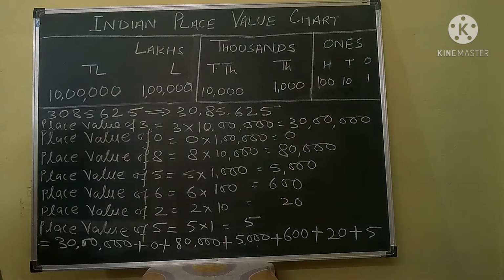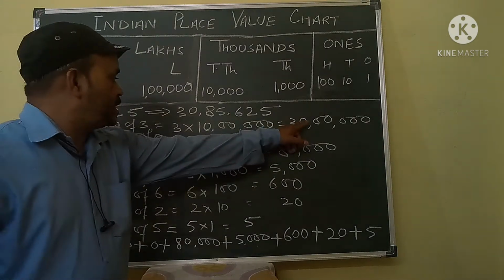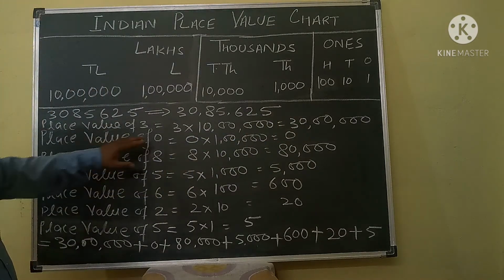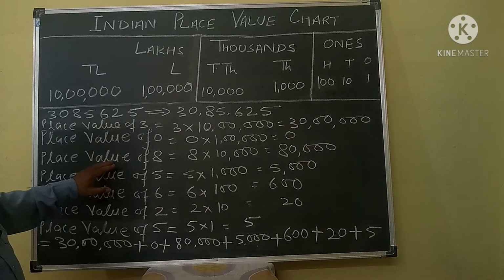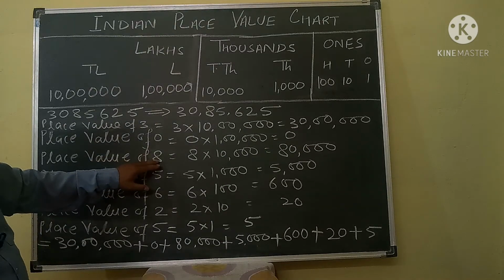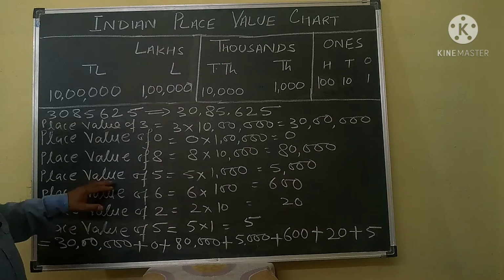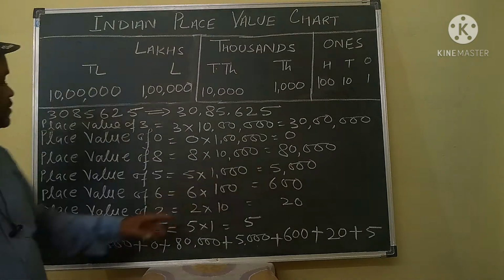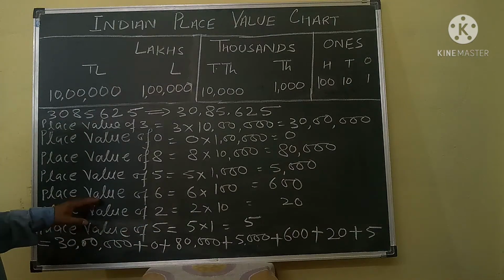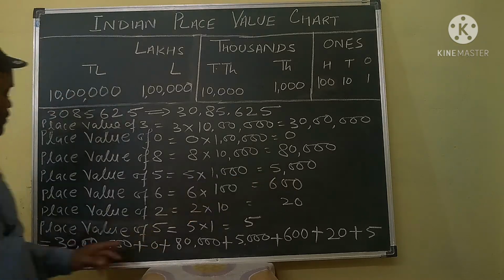So my dear students, place value of 3 is 30 lakh. Place value of 0 is 0. Place value of 8 is 80,000. Place value of 5 is 5,000. Place value of 6 is 600.